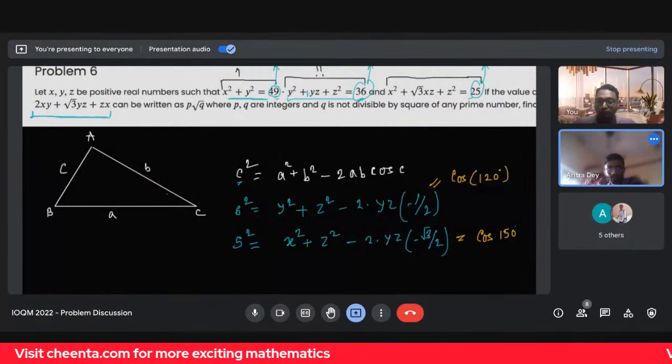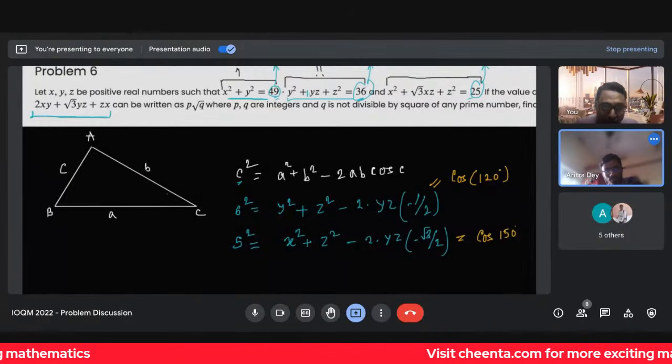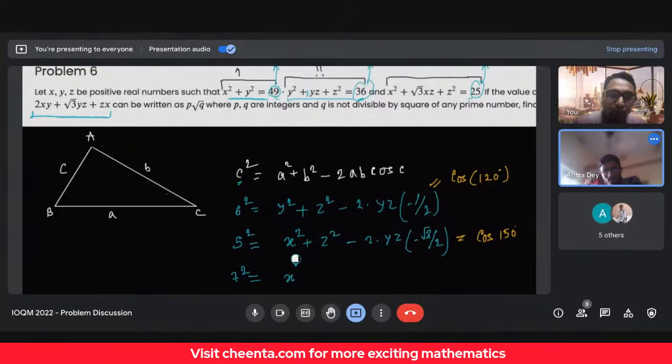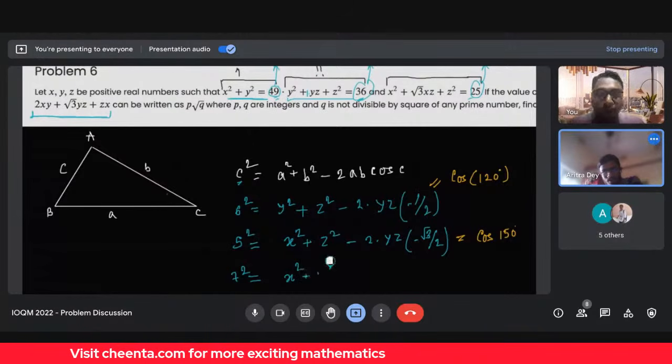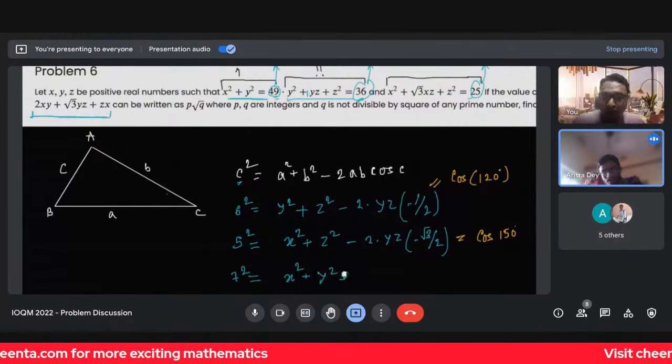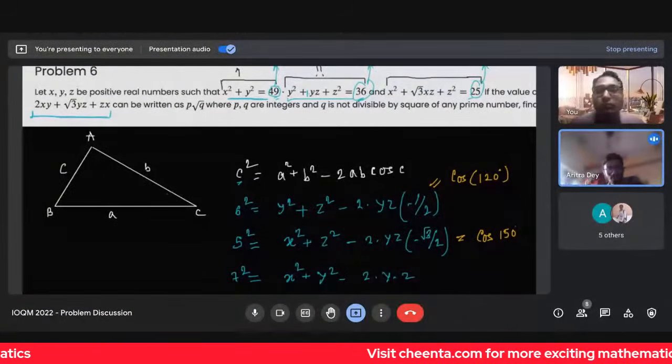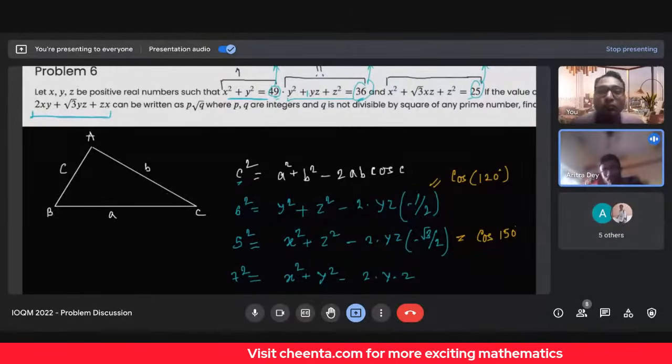Okay, I'm just writing down the second part, the seventh one, like this also, so you can feel the beauty of this entire thing: 2yz, and also you can relate how the Pythagoras theorem actually appeared from the cosine rule. That may be helpful for some other problem beyond this problem.